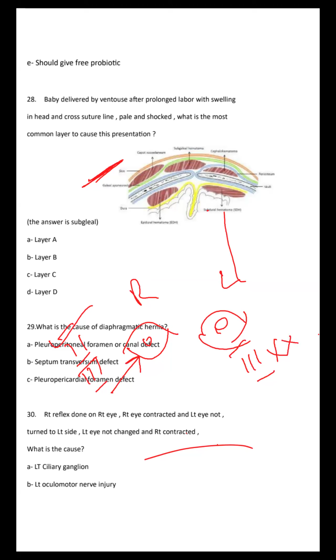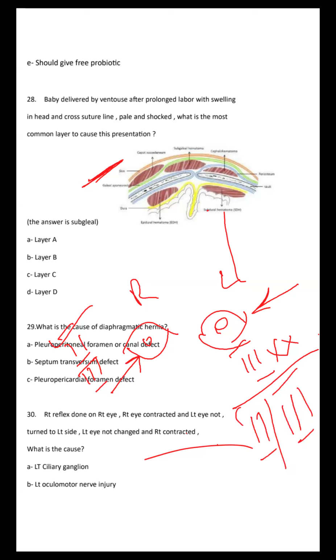Then what do they do next? Now they put a light on the left side. The left eye again did not contract. So we are unsure whether 2 is right or not, because contraction is mediated by both 2 and 3 if you directly put the light on it. When I directly put the light on the left eye it did not give any response, so I was unsure about 2 and 3.